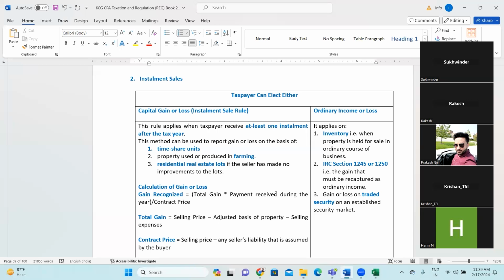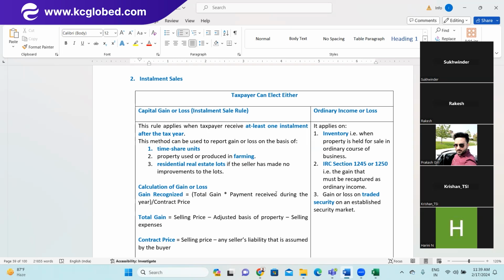But the condition is that the hire purchase or installment sale arrangement should be more than 12 months, spilling over to the following financial years. If you're receiving all the installments in the same year, then it is not an installment sale; it has to be considered a normal ordinary sale. But if you are receiving the payment after 12 months, then it is considered in the category of installment sale.